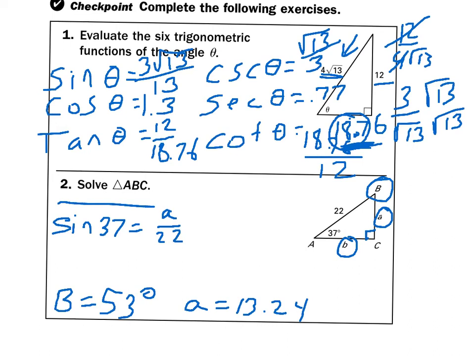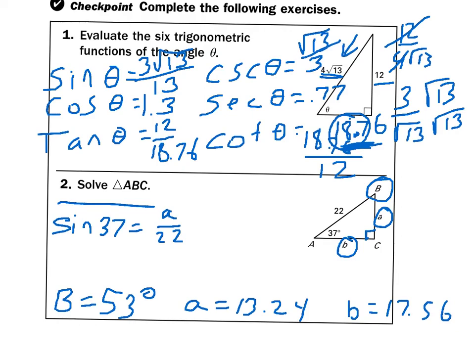So I would do 13.24 squared, and that would be 175.3. Then I would do 22 squared minus the 175.3, and then I would square root that number. And when I square root that number, I got 17.56. So little b equals 17.56. And that will work out just great.